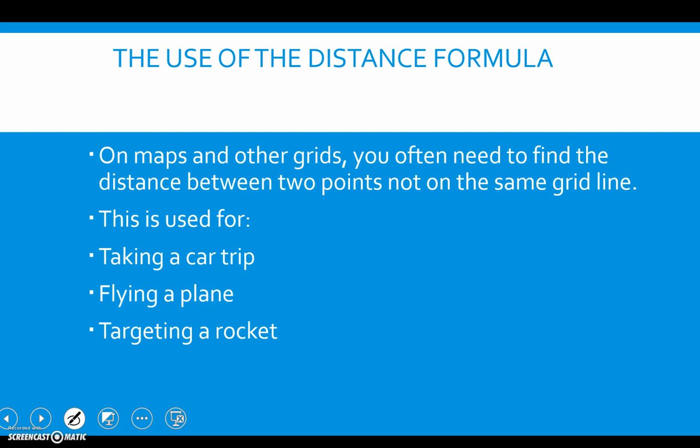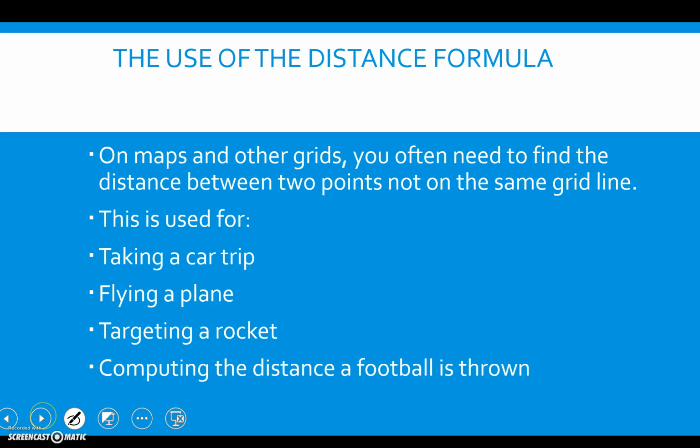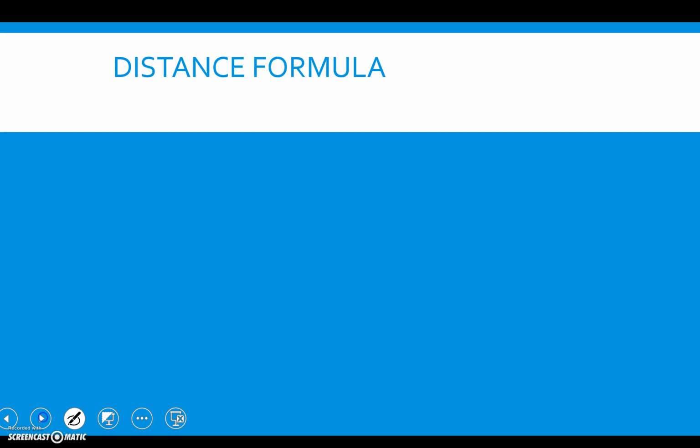The next one would be targeting a rocket. So let's say you want to see how far away it is. You have to figure out what the length would be and then angle it so we hit that, as well as compute the distance a football is thrown. So these are just a couple of examples of determining how far away things would be and how the distance formula is used.